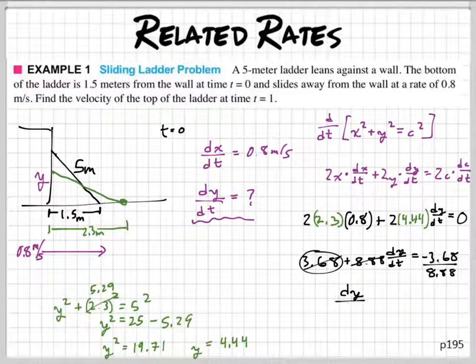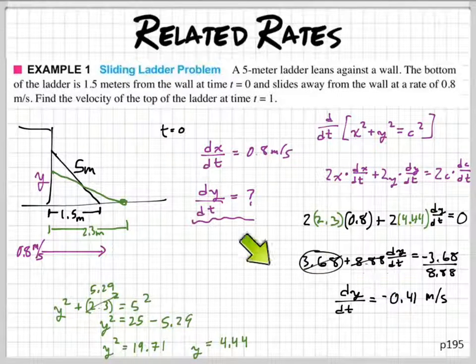So dy over dt would equal negative 0.41 meters per second. Okay. So just to recap what we just found, we found the rate at which the tip of this ladder is sliding down at this point right here, which is at t equals 1.